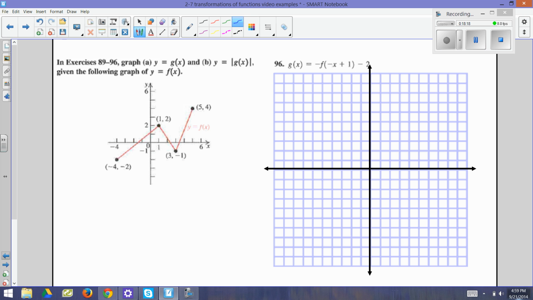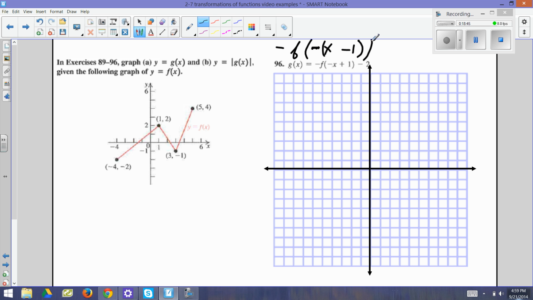I'm going to rewrite the problem. Negative f, negative x. Oops. Hold on. Let me rewrite it again. Okay. So I have negative f of negative x minus 1.